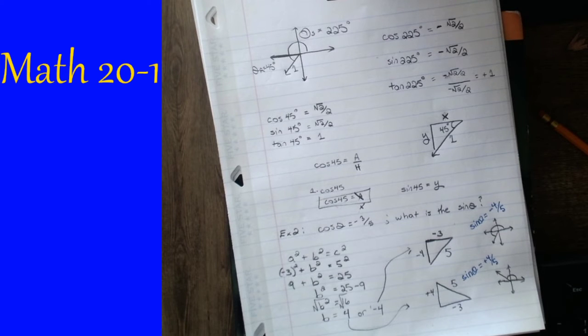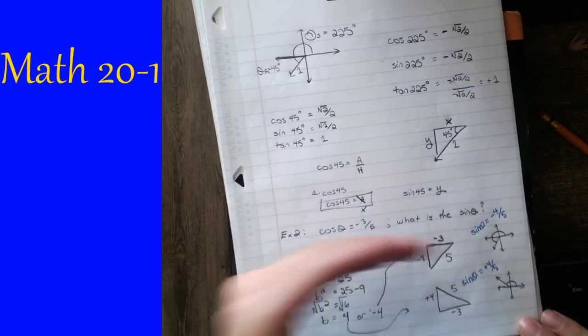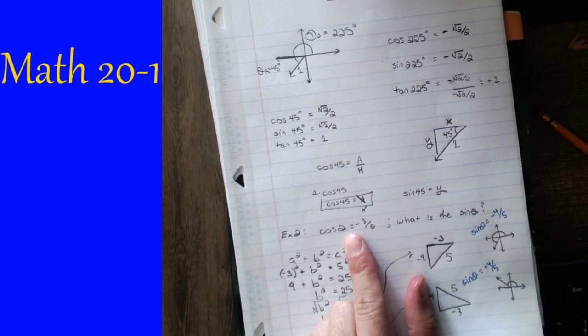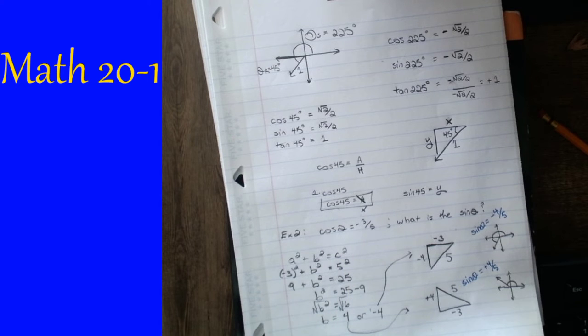Both of those angles are sufficient for the cosine of the angle being negative 3 over 5. Okay, we'll try one more question.